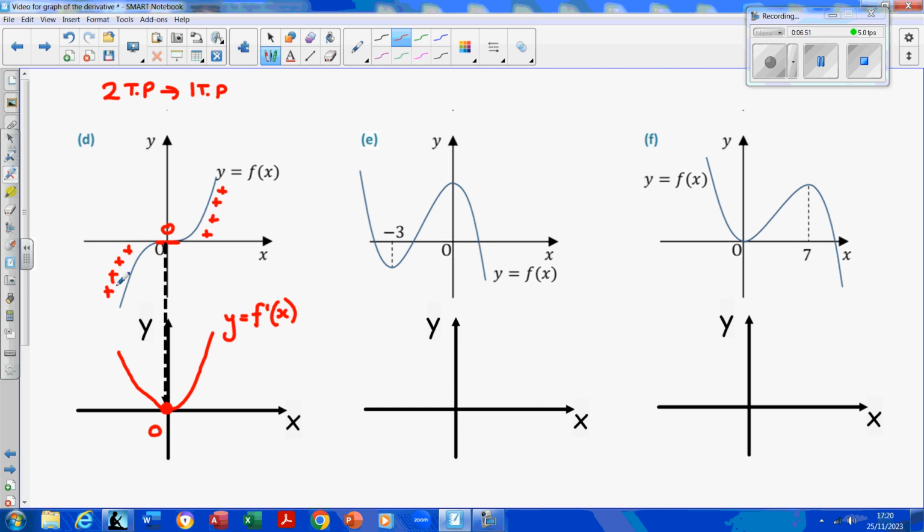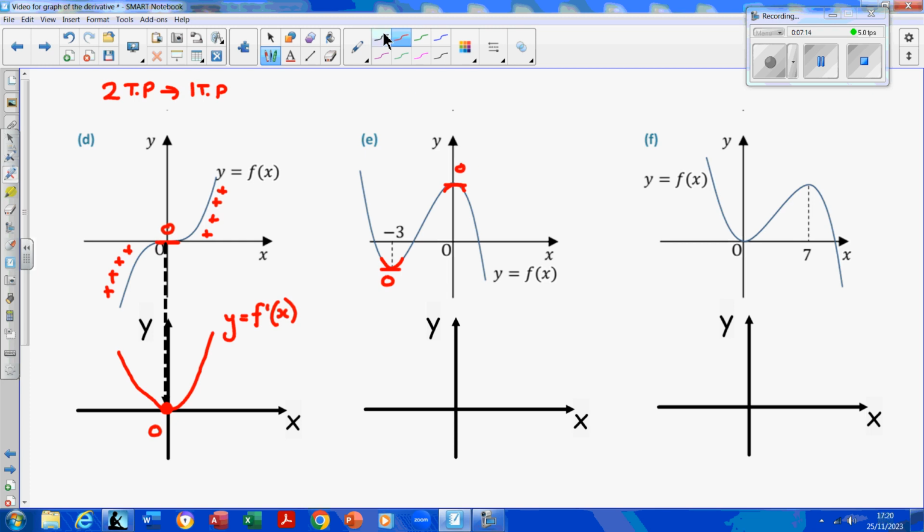So we had the 1 turning point, a point of inflection, but it thinks it's 2, so the 2 turning points effectively go to 1 turning point. Now we're back in this one to 2 turning points, but there are no points of inflection, it's just a minimum and a maximum. So the gradient of the tangent to each of them is 0, and that is 0.